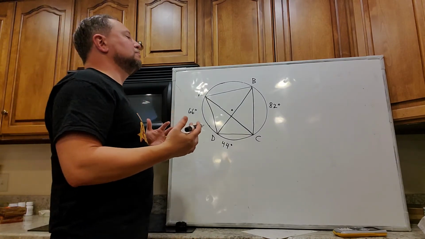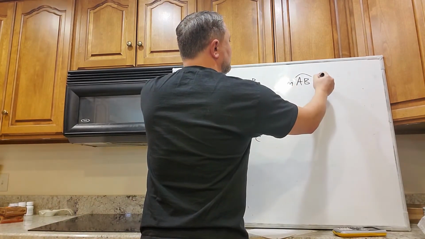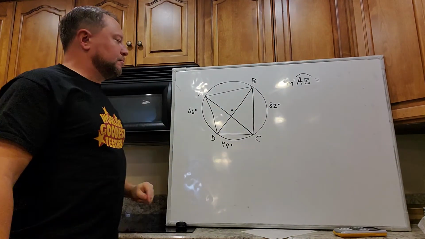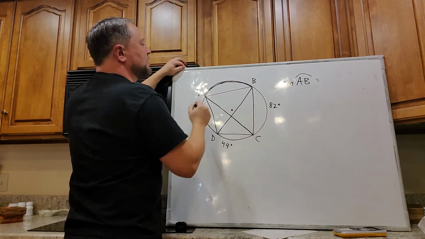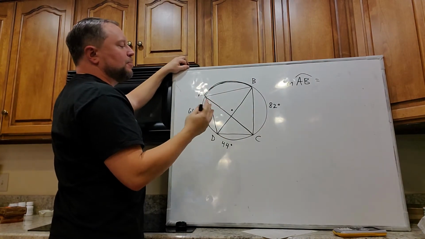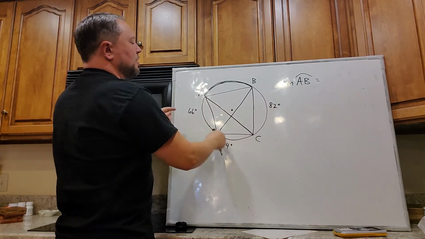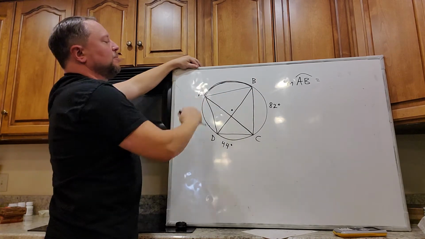First of all, let's just start with this question. How big is the measure of arc AB? If you look up here, it's that arc right there that I'm asking about. I just want you to simply notice that I've given you 1, 2, 3 measurements here, and the only one missing that completes the circle is that one up there.